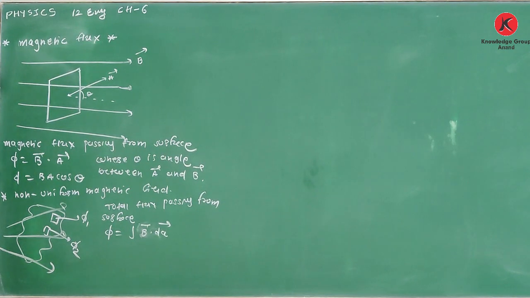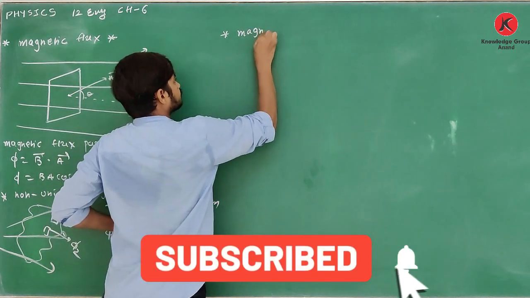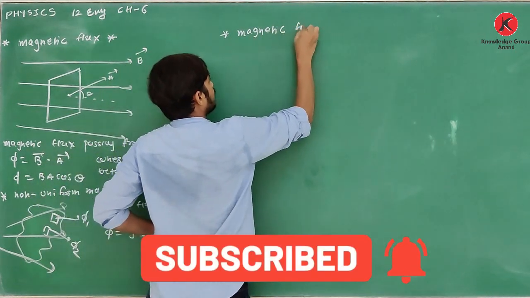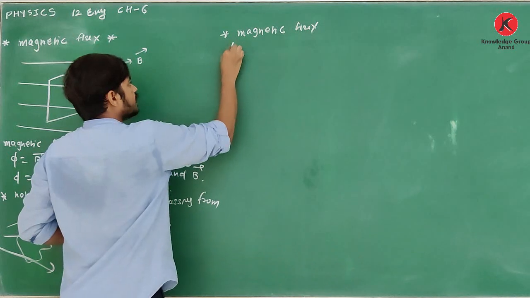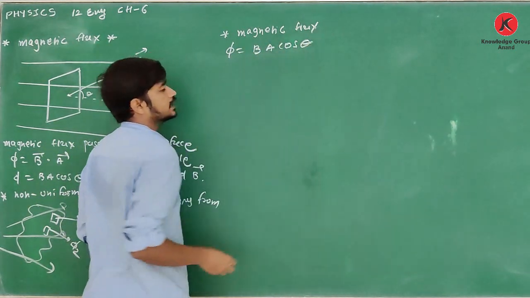So yes, it is the equation of flux. Now I will again write the equation of magnetic flux. Phi is equal to BA cos theta.